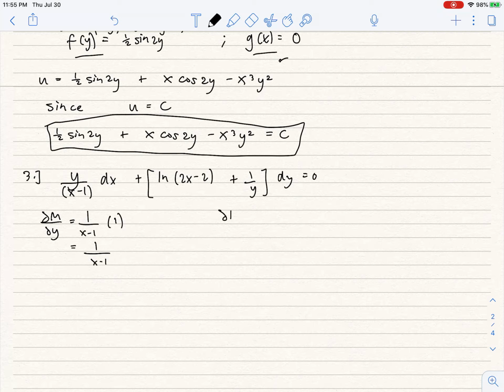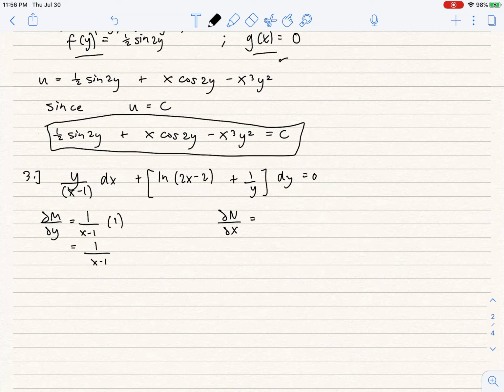Next is the partial derivative of N with respect to x. This is N, right? So we start with the first term. This is done by using the chain rule, since there is an inside function and an outside function. So we differentiate the outside function, which we can consider as u, so it is like ln u.